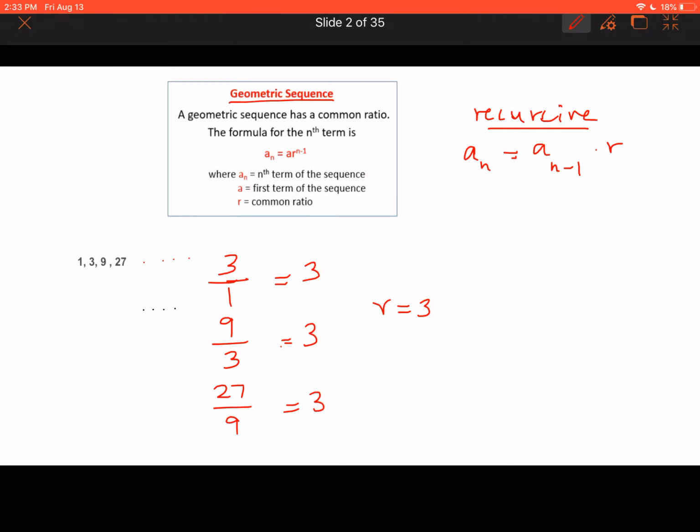Here a_n is the nth term, a_(n-1) is the previous term, and r is the ratio. So with this knowledge of the formulas, we are going to move into the problems.